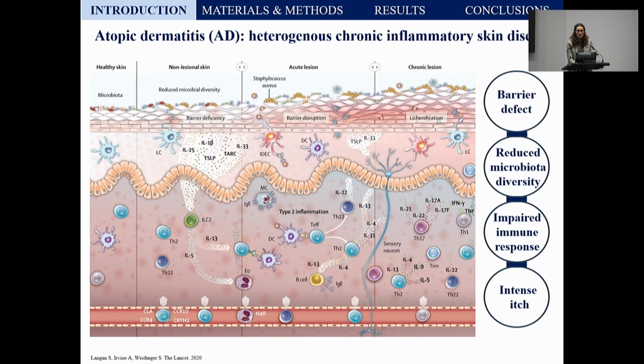Most moderate to severe AD patients are colonized by Staphylococcus aureus and present an impaired immune response, characterized by a core Th2 signature that induces an intense pruritus, together with IgE sensitization to aeroallergens and the participation of other immune responses such as Th1, Th17, and Th22. In this study, we will focus on the IL-9 response.